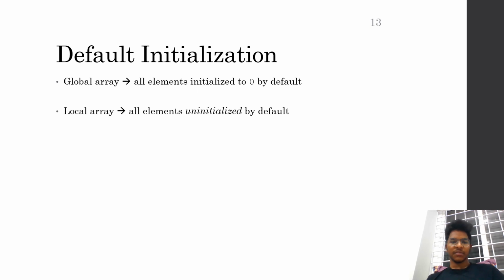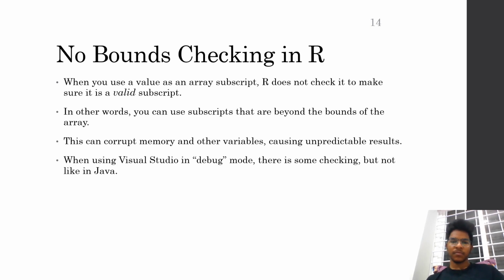Default initialization. Global array: all the elements are initialized to 0 by default. Local array: all elements are uninitialized by default. No bound checking in R. When you use a value as an array subscript, R does not check it to make sure it is a valid subscript. In other words, you can use subscripts that are beyond the bounds of the array.